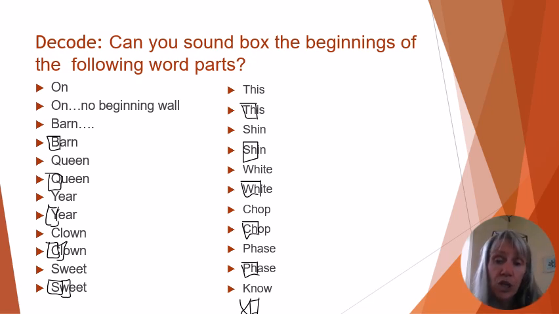What about no? No. Right on. The K is silent. There is no sound. The sound box goes around the N. Very, very good. You've really done a great job keeping up with me.